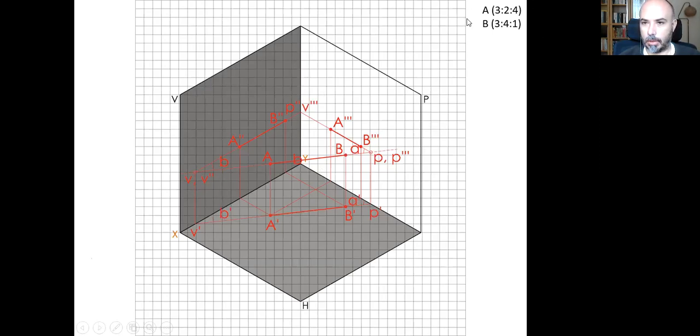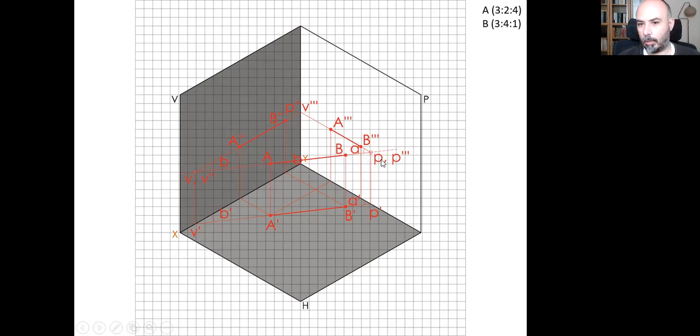Again, we are going to start with indicating the positions of the points. And this time we see that this line has two traces. One, which we symbolize with lowercase v, because it is the intersection of this line with the vertical projection plane.